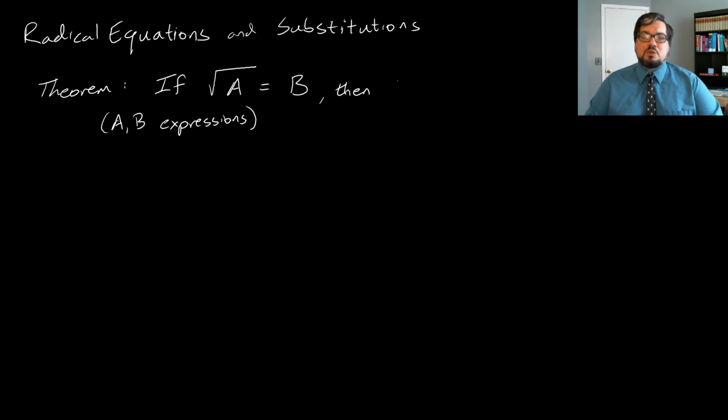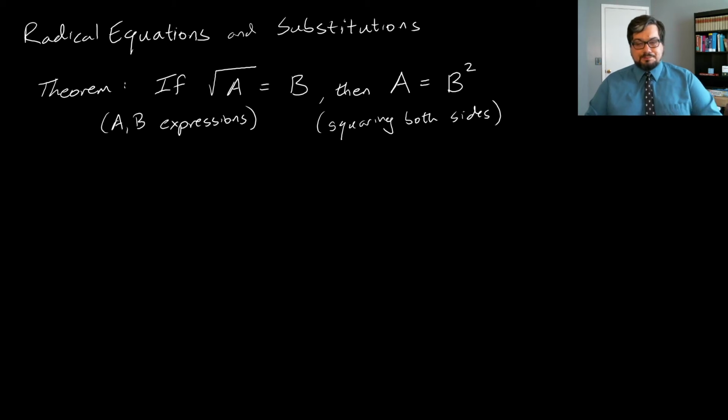Now, square and square root cancel each other out, mostly. So if the square root of a equals b, then a equals b squared. So we could think of this as squaring both sides of an equation.